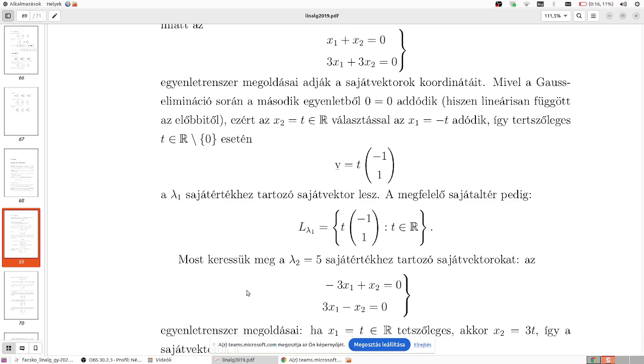I took the eigenvalue, put it back to the matrix here. I could have written it or something like this, doesn't matter. This is the system of linear equations that I got.